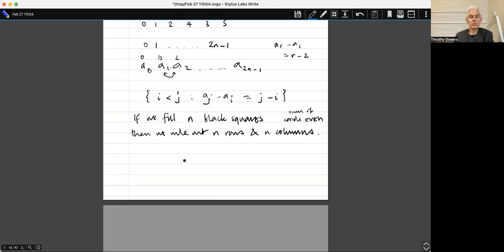And I think we can't fill more than n black squares because there are only n diagonals. There are only n black diagonals. That's an important point there. So only n black diagonals.